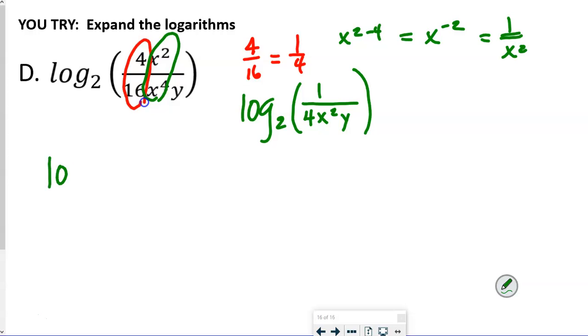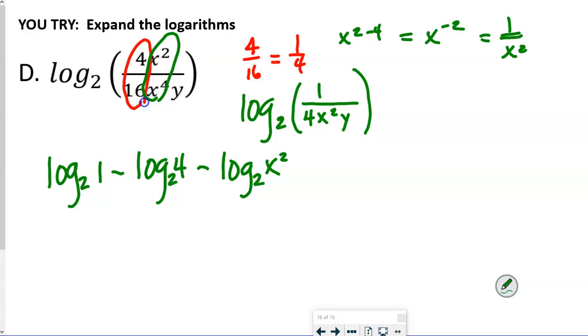We're going to have log base 2 of 1, which was what was in the numerator. Then we're going to subtract what's in the denominator: log base 2 of 4 minus log base 2 of x squared minus log base 2 of y. Now, is there anything that we can move out to the front?